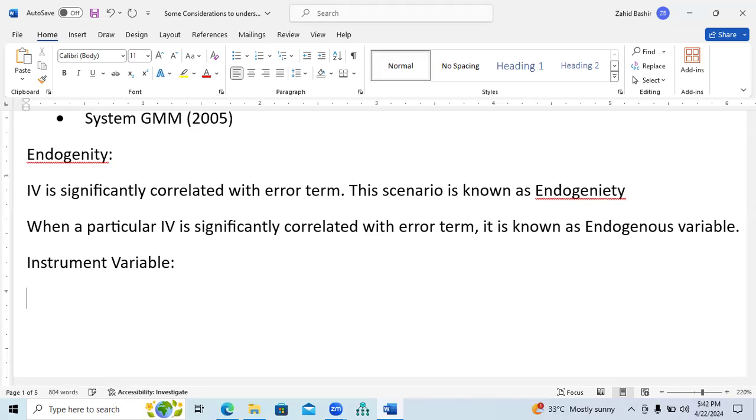So you need to understand the concept of an instrument variable.